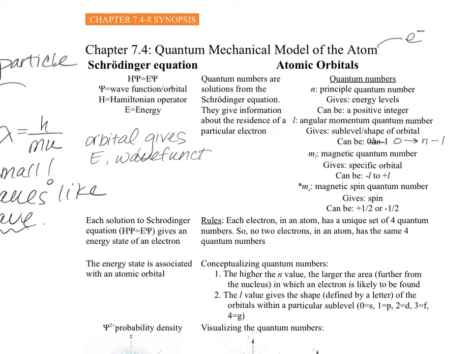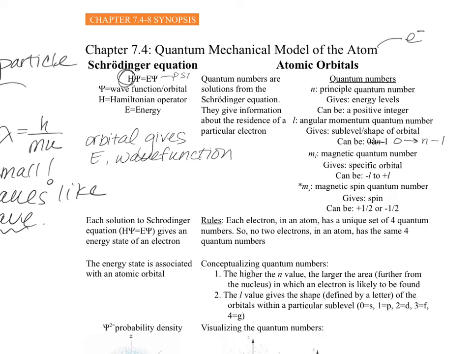This stands for the Hamiltonian, which yields one of the allowed energy states of the electron or of the atom. This is the wave function, also known as the atomic orbital. This is the energy, and this is also the wave function, or more commonly known as psi by the symbol name. Each solution to this equation gives an energy state, an accepted energy state associated with an atomic orbital.